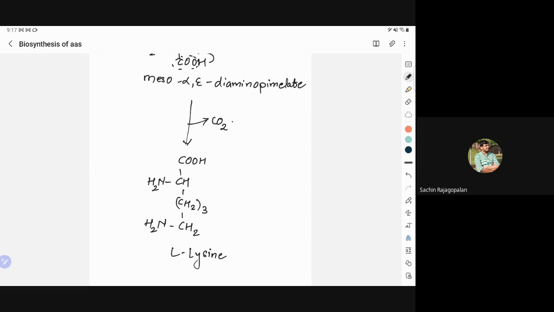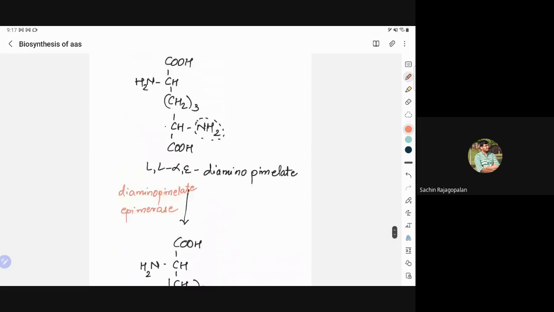So you have just carried out decarboxylation, and the enzyme that works over here will be called diaminopimelate decarboxylase because you removed carbon dioxide from diaminopimelate. So though it is quite a lengthy process, it's very much understandable if you practice it.